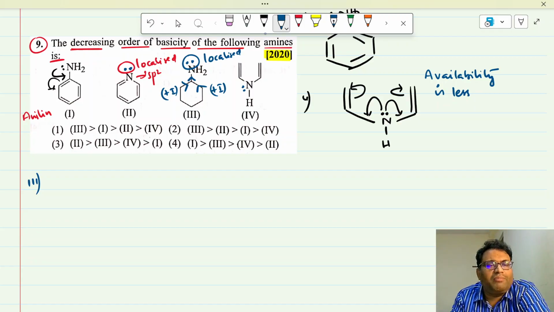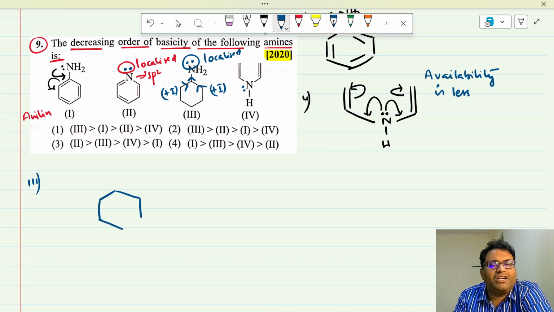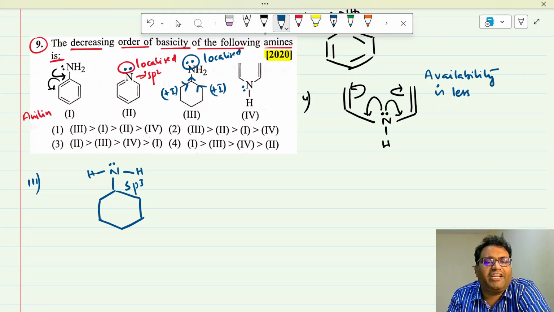And in molecule number 3, if you see, the nitrogen is undergoing what type of hybridization? Nitrogen is undergoing sp3 type of hybridization. You know that if it is sp3, it cannot hold the pair of electrons, so it can be donated easily. So the molecule which is having highest basic nature is the third molecule.